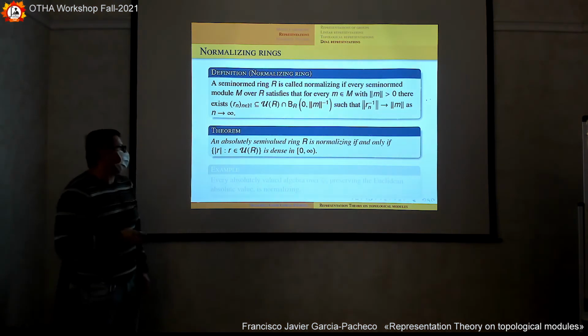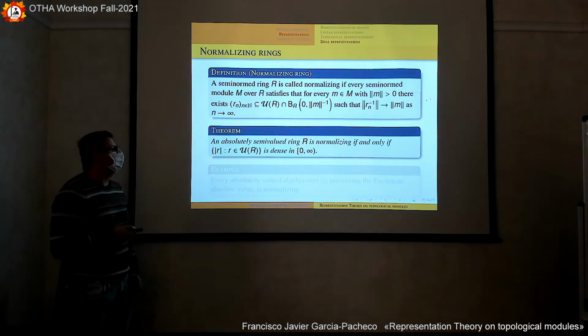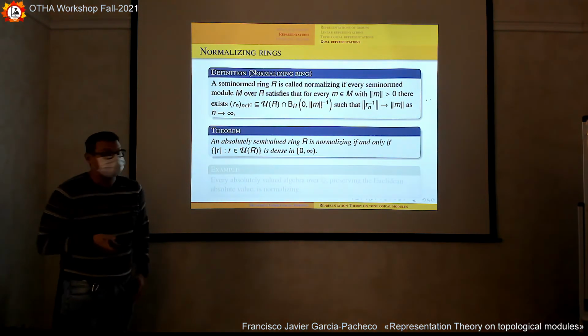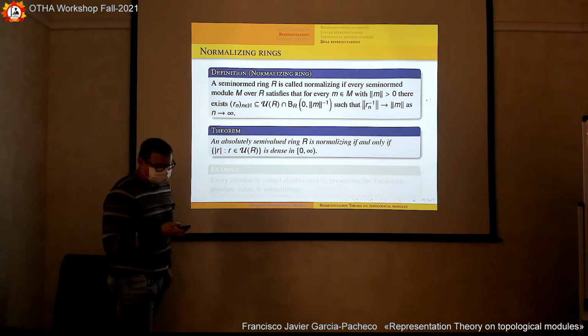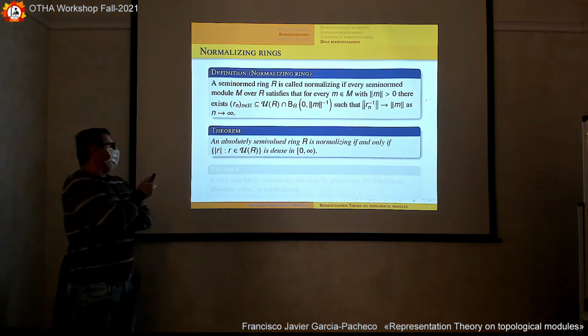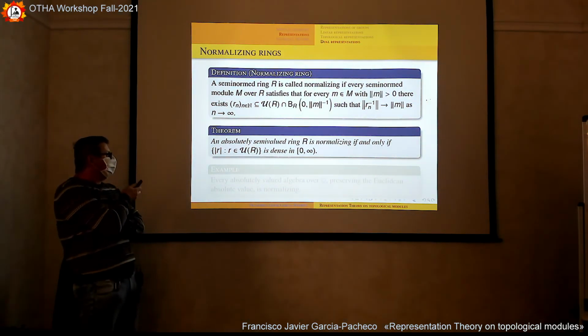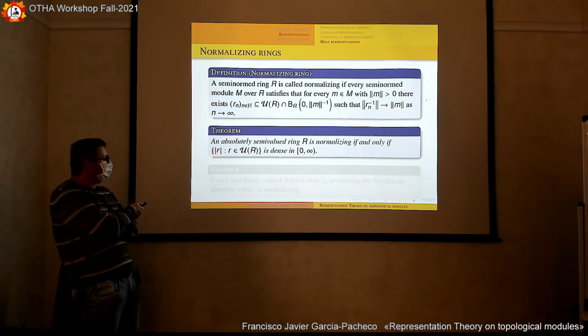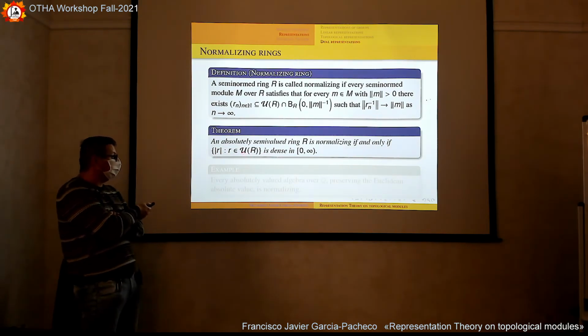Before going on, we must characterize this type of rings, because otherwise we need to know how many of them there are. They are not completely classified yet, but at least in the absolutely semivalued case, they are characterized. They're not classified, but characterized. And the characterization is that an absolutely semivalued ring is normalizing if and only if the range of the absolute value over the invertibles is dense in 0 to infinity.